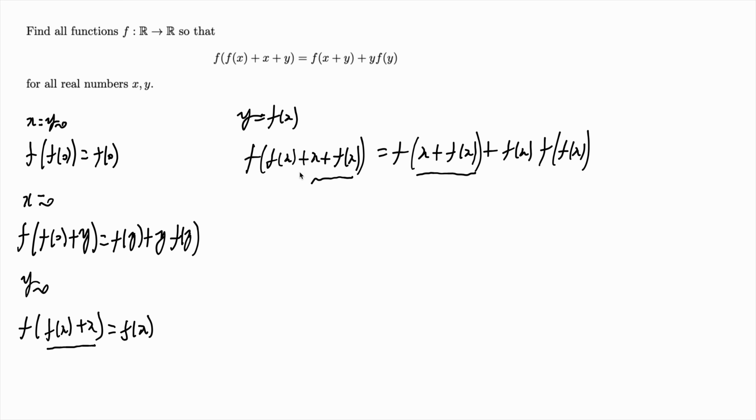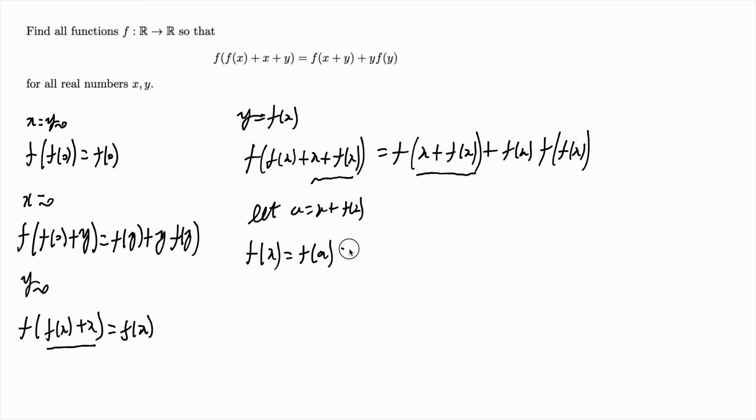So why don't we try letting a equal x plus f(x). That way we know that f(x) is equal to f(a).